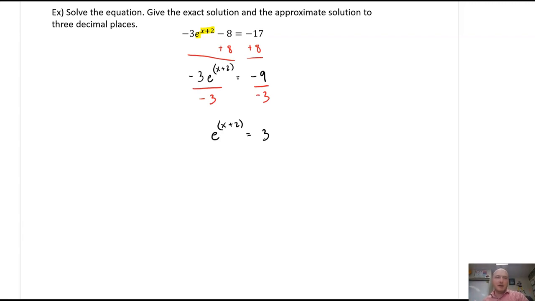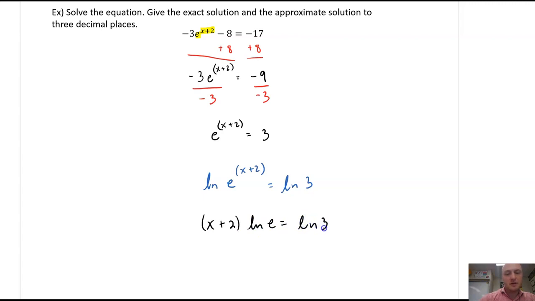Now I need to take a logarithm of each side. Which logarithm am I going to use? The natural log, especially because I'm working with base e. It's going to simplify and make our lives a lot easier in solving this. So I can bring down my power expression, x plus 2 times the natural log of e, is equal to the natural log of 3.